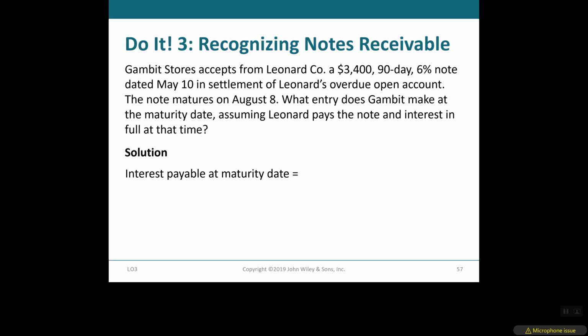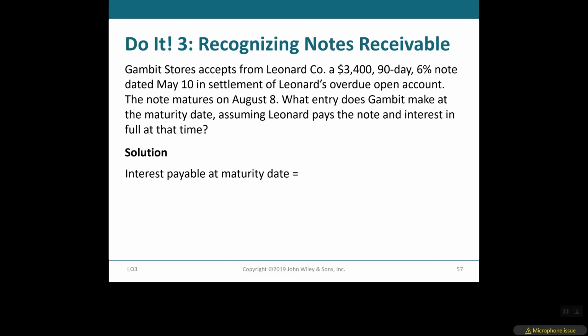All right, let's do number 3. Gabit Store accepts from Leonard Company a 90-day 6% note of 3,400 dated May 10 in settlement of Leonard's overdue open account. The note matures on August 8th. What entry does Gabit make at the maturity date, assuming Leonard pays the note and interest in full at that time?